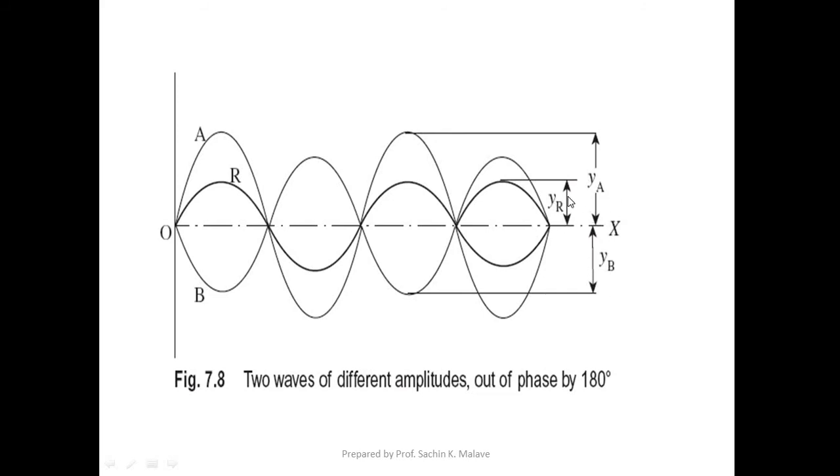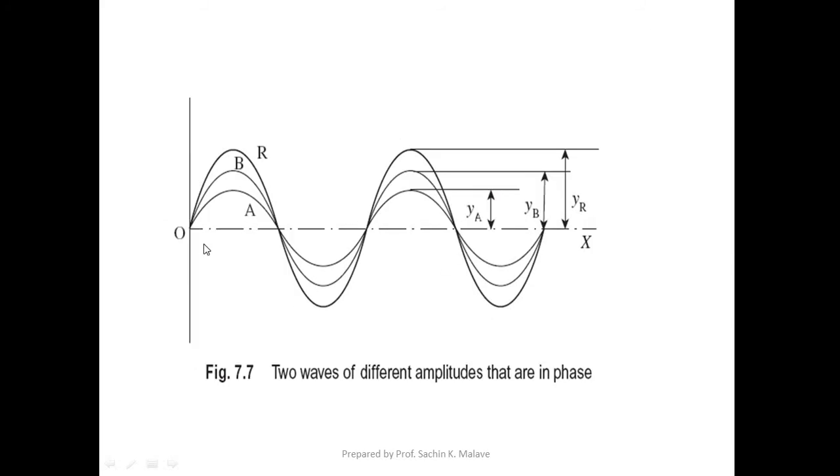So YR, the resultant amplitude of the resultant wave, is equal to YA minus YB, the amplitude of wave A minus the amplitude of wave B.